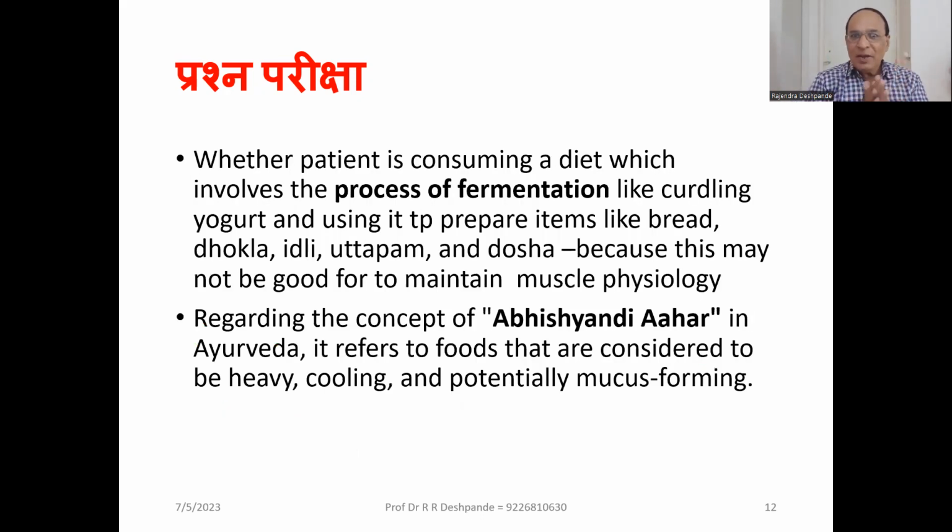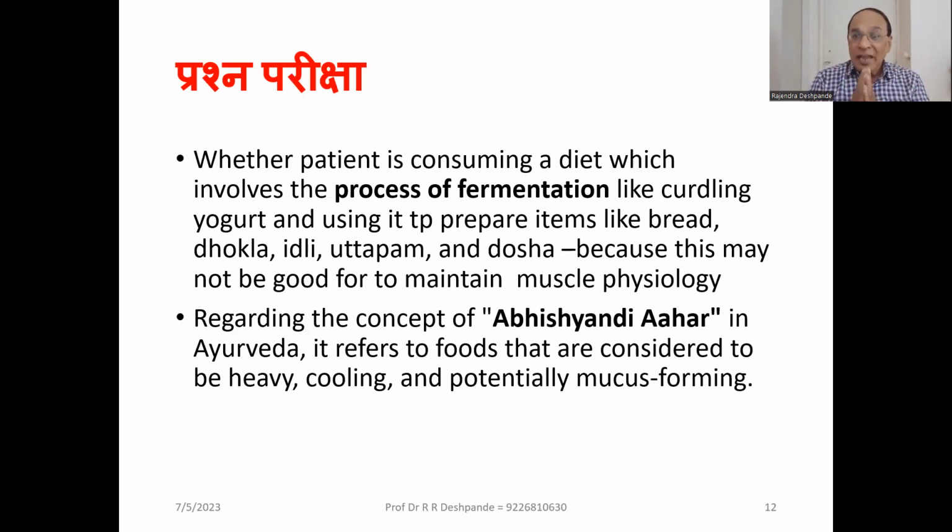Next, whether the patient is consuming a diet which involves the process of fermentation, the Sanskrit word Kinvana Prakriya, like curdling of yogurt, and using fermented products or foodstuffs prepared from fermentation, like bread, dhokla, idli, uttapam, dosa, all the South Indian type of food, because this is Abhishyandi Aahar.